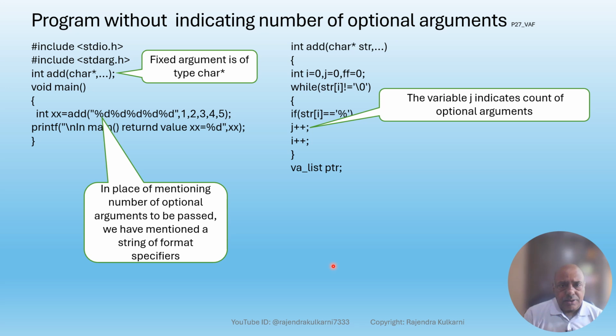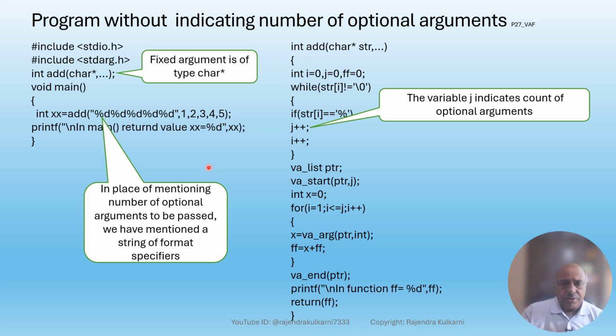Then it's a normal va_list ptr, va_start(ptr, j). This j now indicates that there will be that many arguments passed from the call.